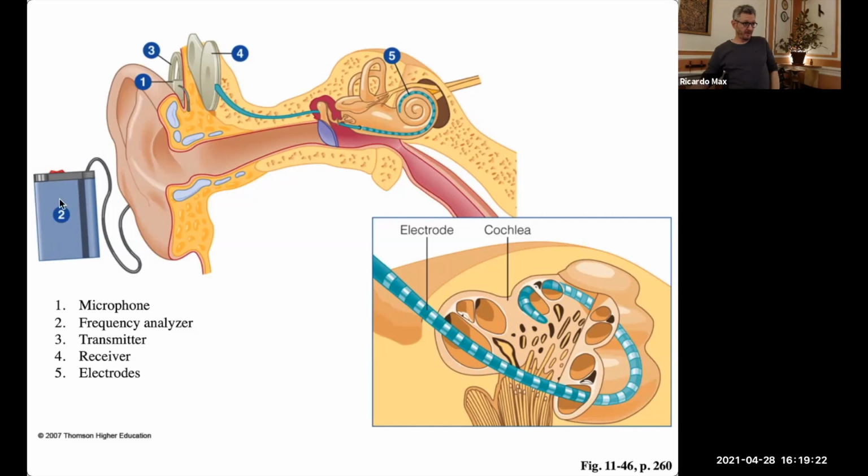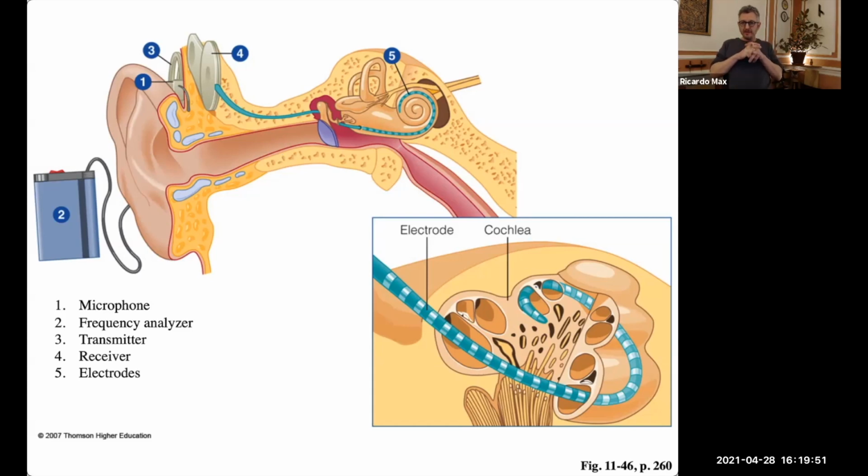Because it's larger, it's usually hidden somewhere else. We usually see only this. The frequency analyzer analyzes and separates the frequencies and sends this information to the receiver, number 4, that is implanted under the skin, between the skull and the skin.